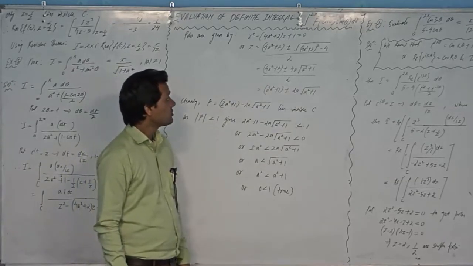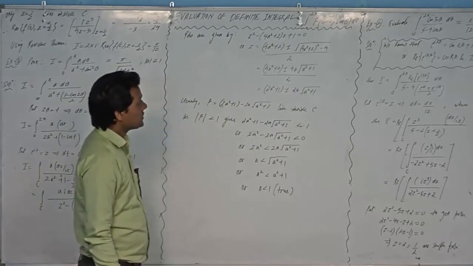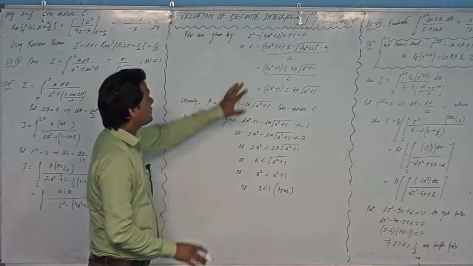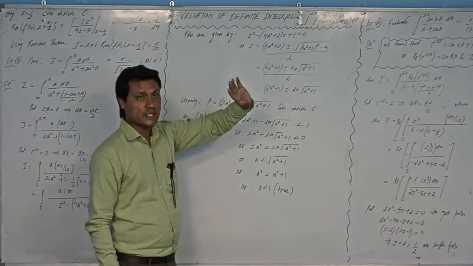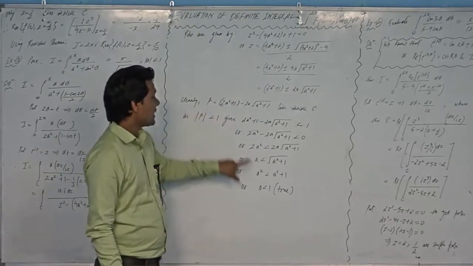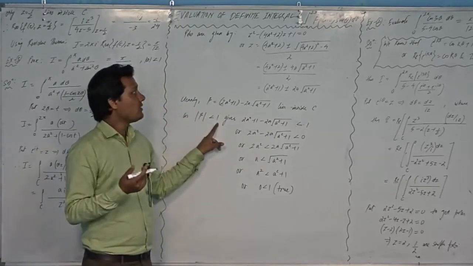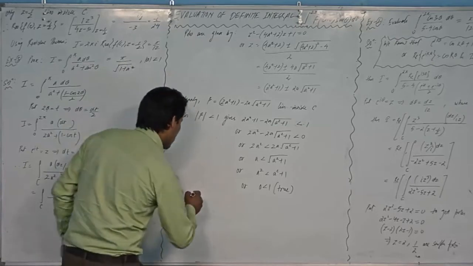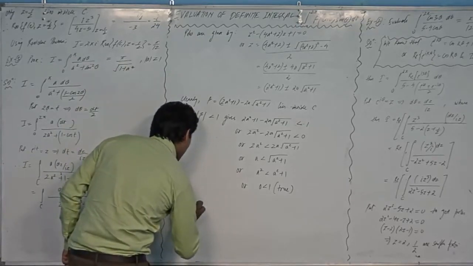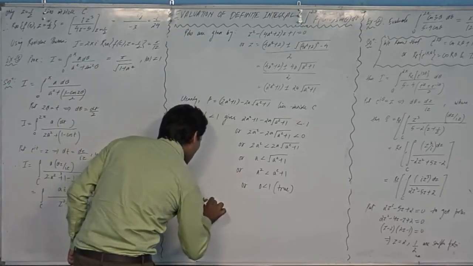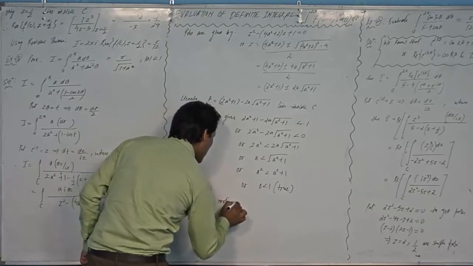And why are we saying so? You can see that this equation has two roots, alpha and beta. One lies inside the circle, with magnitude less than 1, and the other will have magnitude greater than 1. I will prove it, since the product of roots is equal to c upon a.